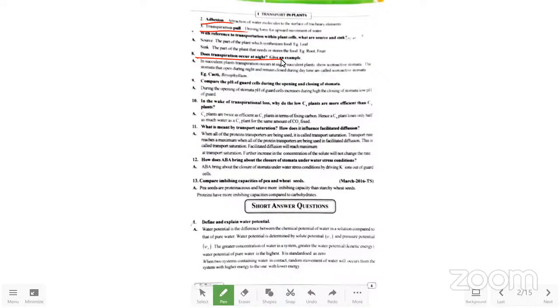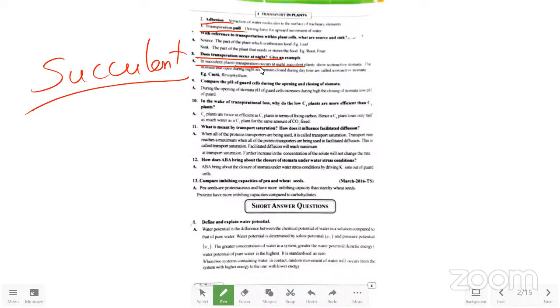But in succulent plants, transpiration occurs at night time only. At night time, transpiration occurs in succulent plants, which show scotoactive stomatal apparatus. Okay. So the example is the Bryophyllum leaf.